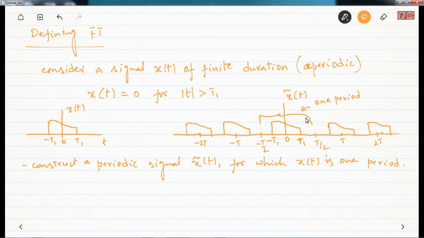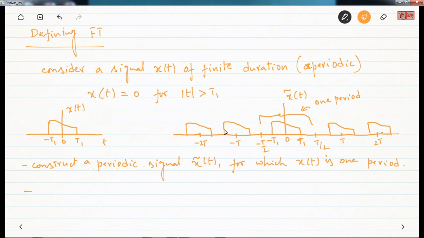So in this one period, x tilde of t is equivalent to x of t. That's what I'm trying to say here.